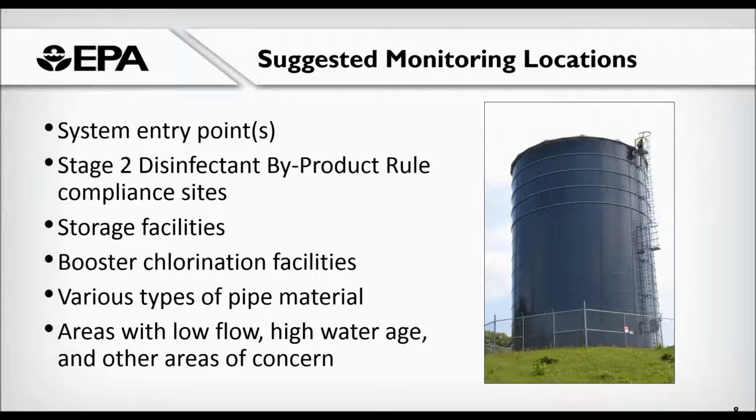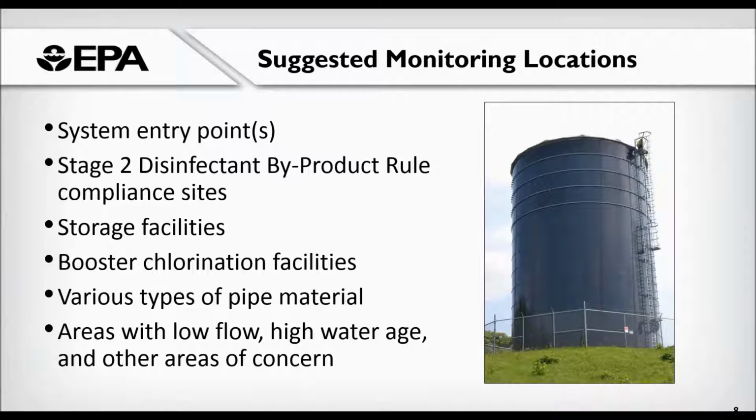So these are some suggested monitoring locations that we think systems should consider. We strongly encourage systems to monitor at their treatment plant effluent, as well as any other metered connections they might have. These are important because they help establish a water quality baseline, an understanding of what the water quality is entering the system.